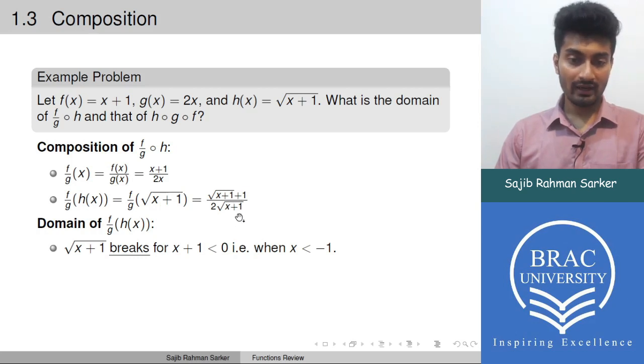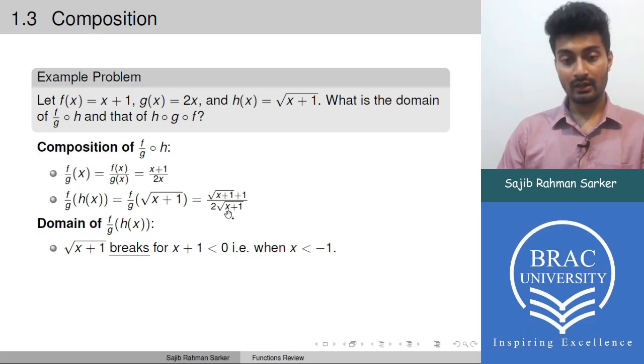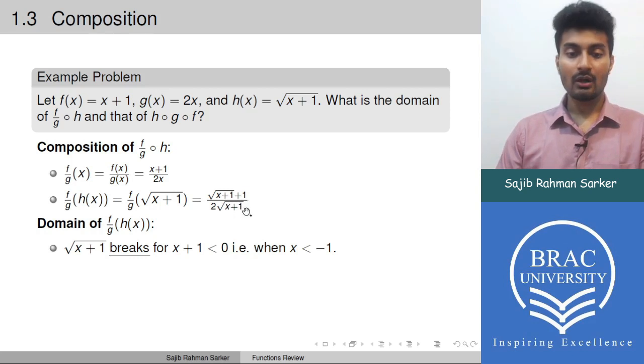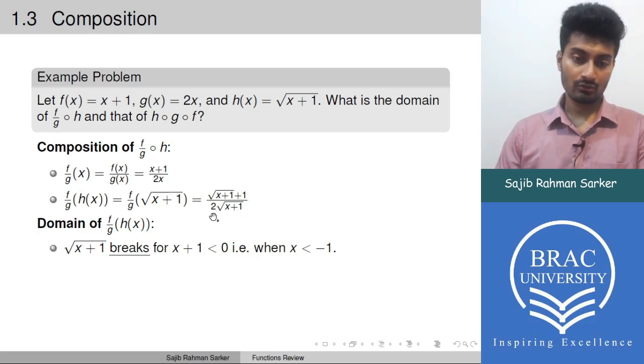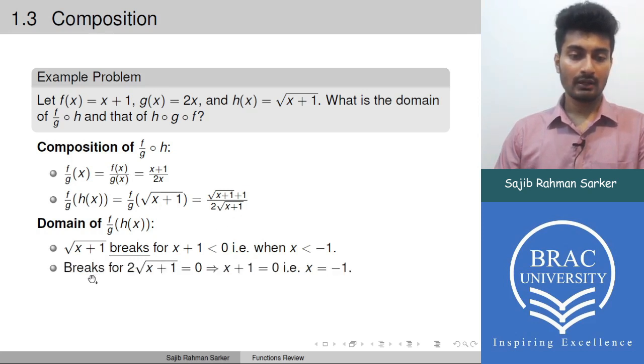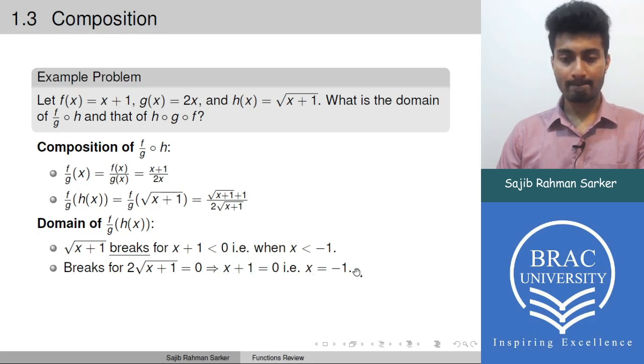Another way this function can break is if the denominator is equal to 0. In the denominator we have 2 times square root of x plus 1. This breaks when this quantity is equal to 0. With a little bit of algebraic manipulation, we get x equal to minus 1.